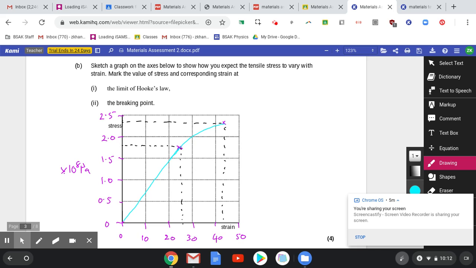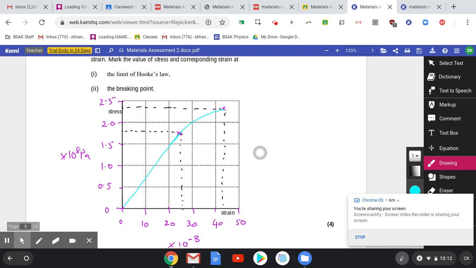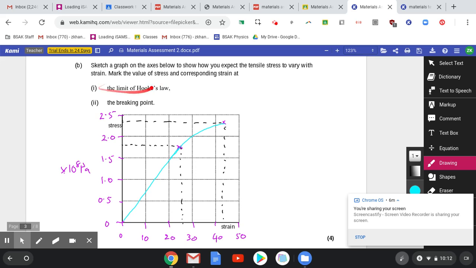It says sketch a graph on the axes below showing how you expect the tensile stress to vary with strain. Mark a value of stress and the corresponding strain at the limit of Hooke's law and the breaking point. Because there's a grid, you are expected to put scale on the axes. Okay, so do we know the stress that Hooke's law is obeyed to?